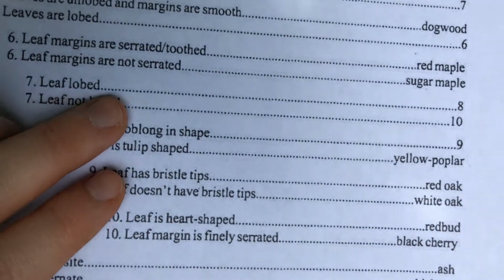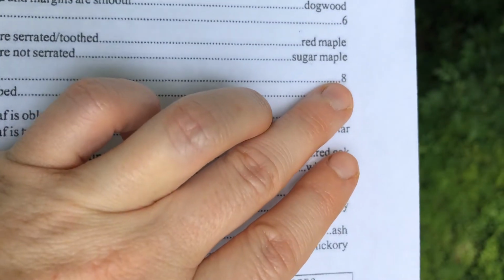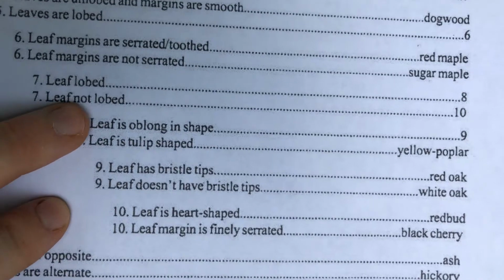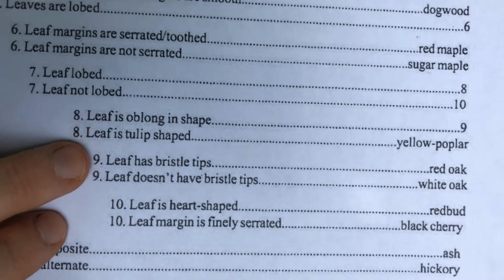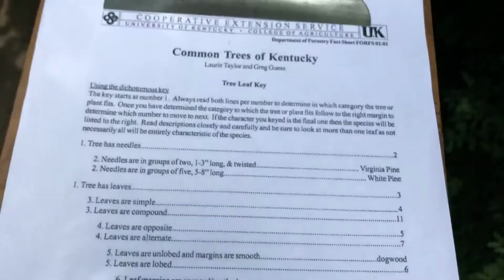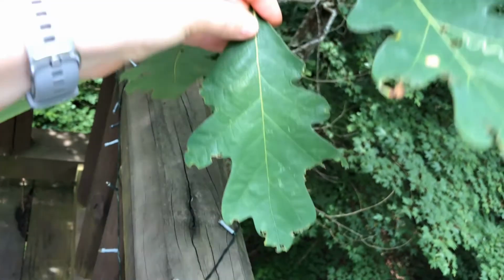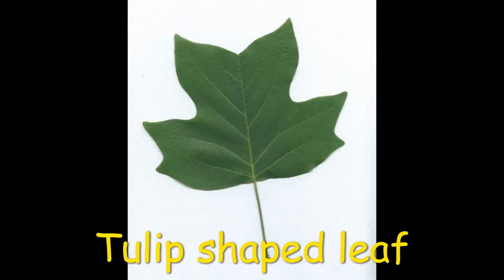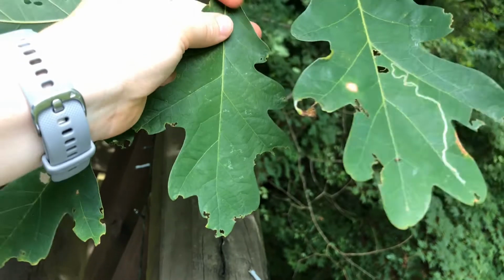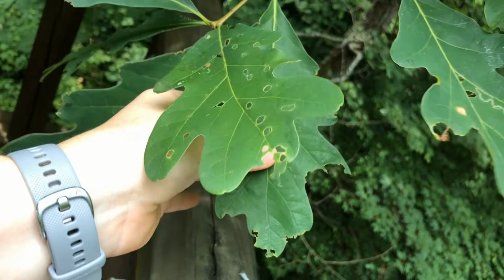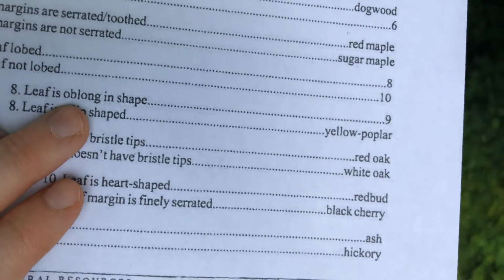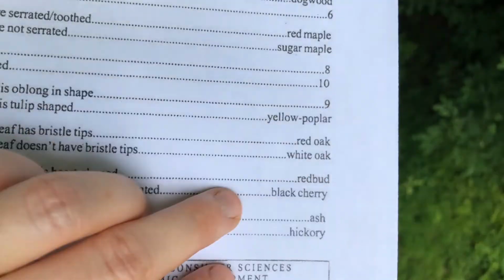So now we know that our leaf is lobed. We're going to go down to number 8. Is the leaf oblong in shape or is it a tulip shape? So looking at our leaf, that definitely is not shaped like a tulip, right? It is a long, oblong kind of shape. So the leaf is oblong. We're going to go down to number 9.